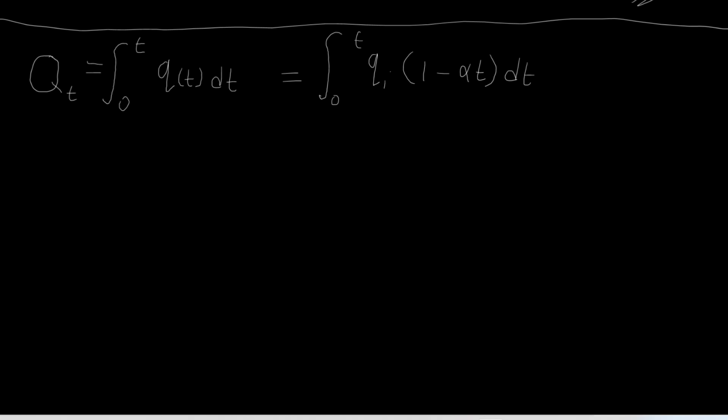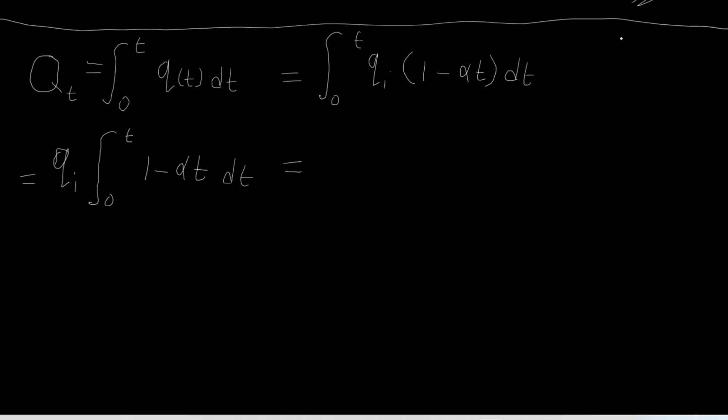Okay, so let's start integrating. This is a constant, we can take it out. Then we have Qi going out, the integral of 0 to t of 1 minus alpha t dt. Now we can separate it since there's a minus sign here.